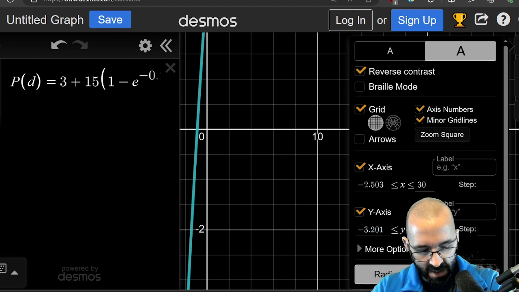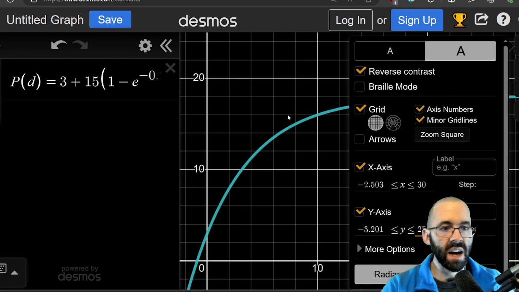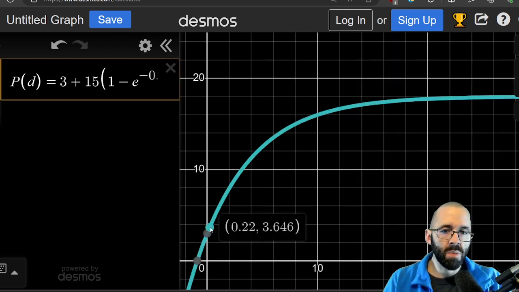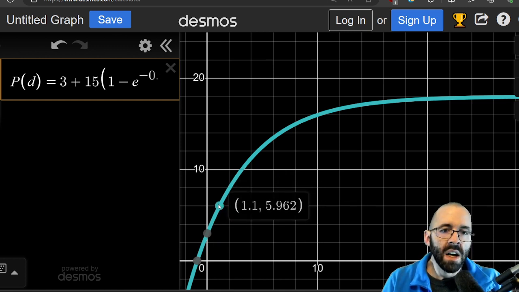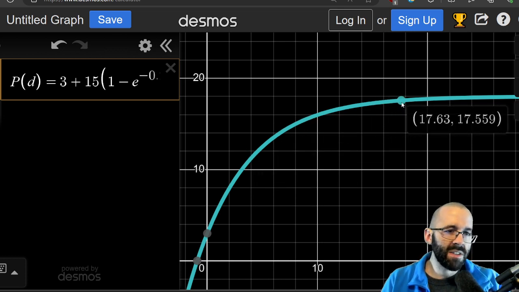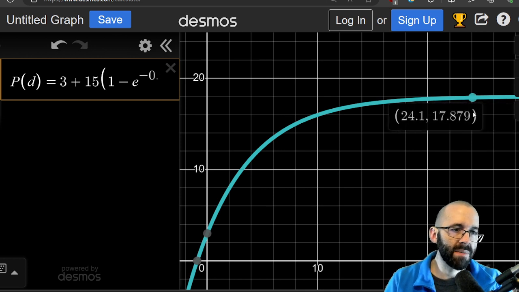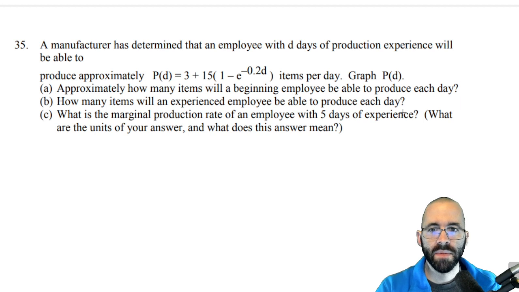And then production up to 50. Oh, 50 is too much. Maybe 25. And again, you can see that early on, your productivity increases really fast. When you don't know anything, you don't make very much, but you get better pretty quickly. And then once you've been doing it for long enough, you're really not getting that much better. Okay, you still improve a little bit, which kind of makes sense for how you might think about it.